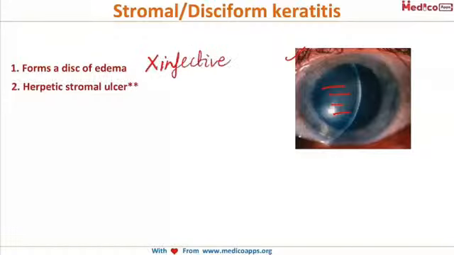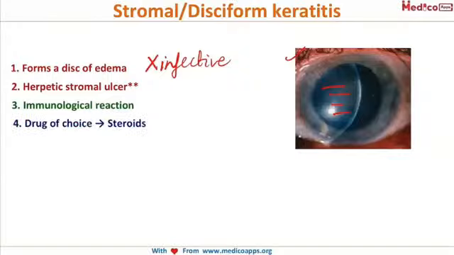It is not infective, it is an immunological reaction of the body. It is an immune response towards the infection that is causing your disciform keratitis or a disc of edema in the stroma. And obviously, because there is no infection over here, and I have told you earlier that one type of keratitis you can use steroid, and this is the answer for that question.